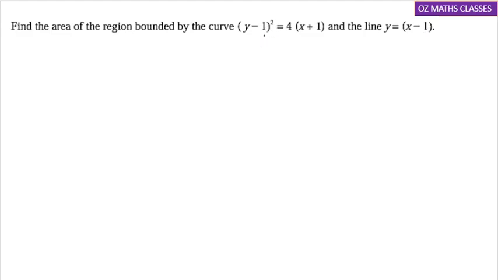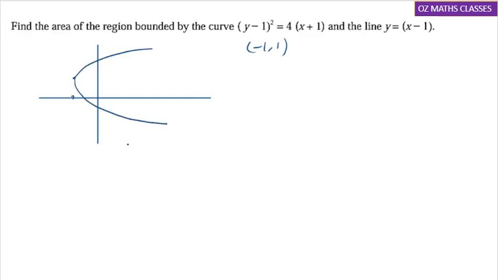The shift of origin will be minus 1 comma 1, so this will be the vertex of the parabola.